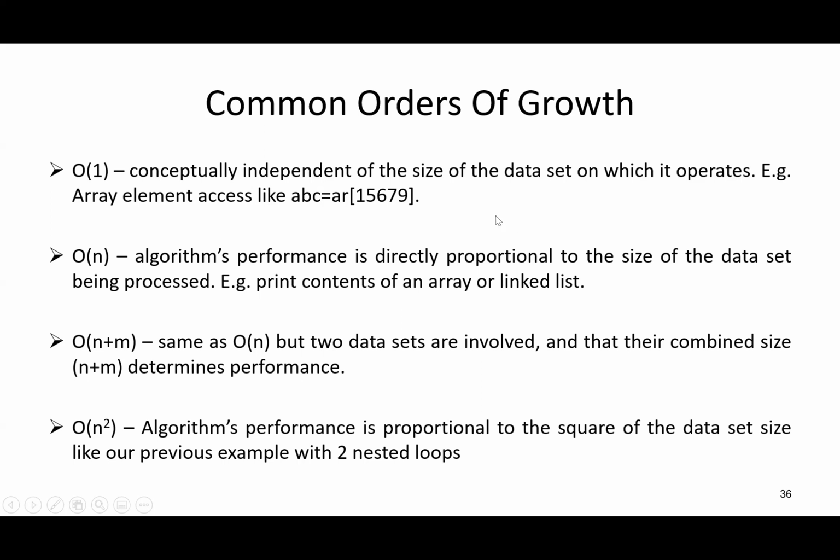When you access an array, no matter which element in which position, the time it takes to access is the same. Unlike linked list, remember in workshop 1, we looked at linked list. How do we access any element in the linked list? You always have to start from the first node, and go to the second one, go to the third one, until you reach the one that you want.